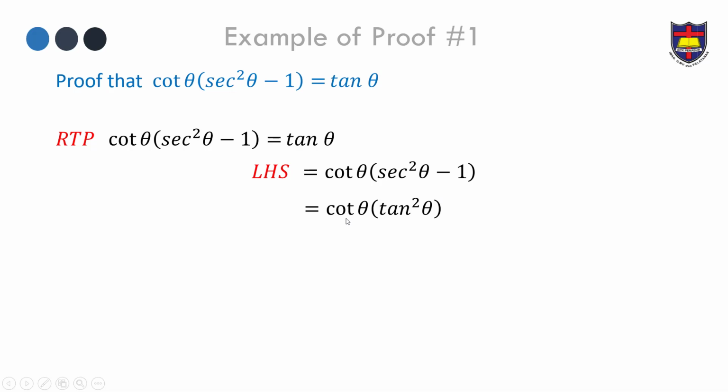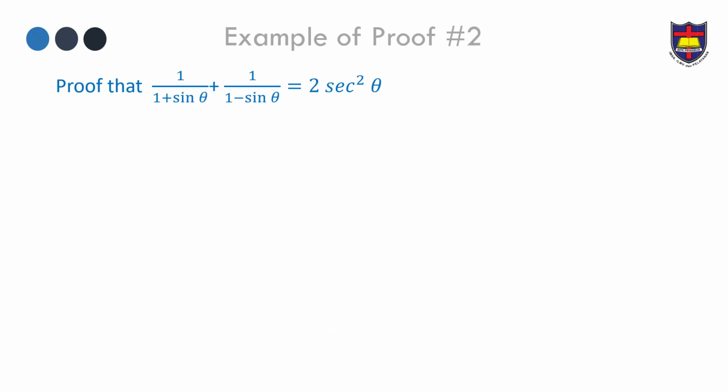Then you use the reciprocal identity, cotangent theta, which is 1 over tangent theta, multiplied by tangent square theta, so it becomes tangent theta. And you are finished proving the right hand side.